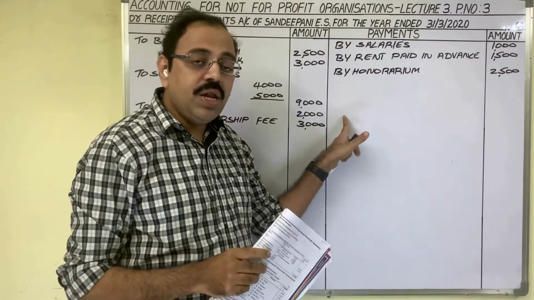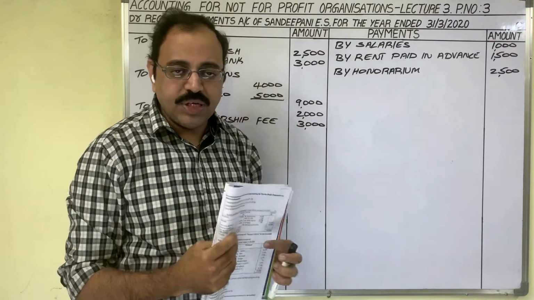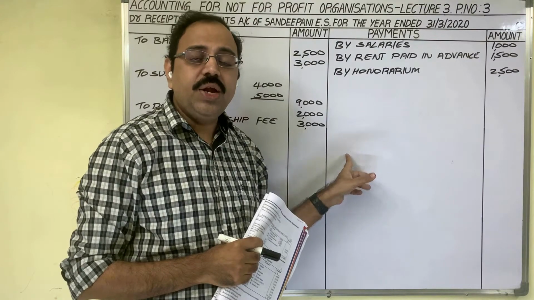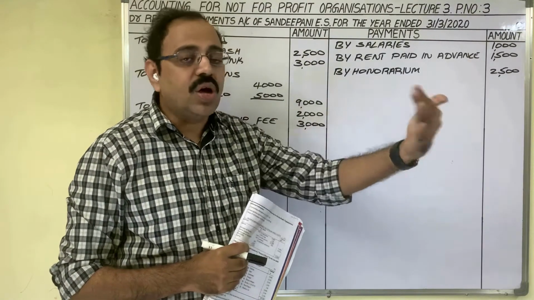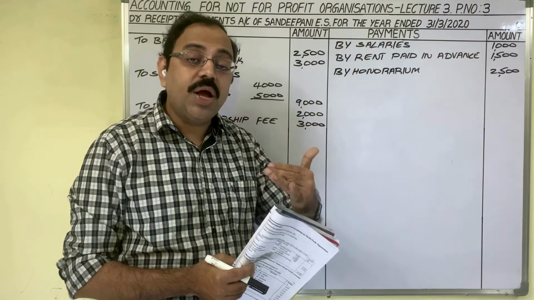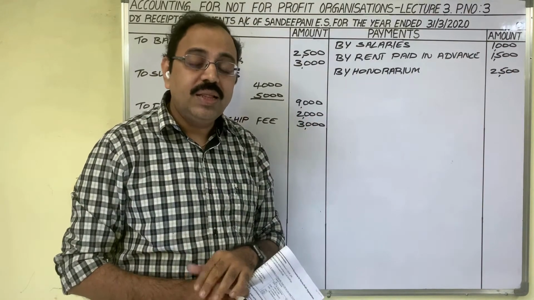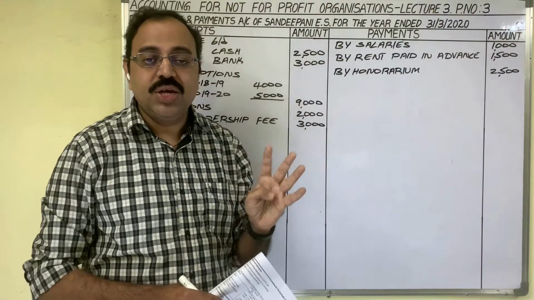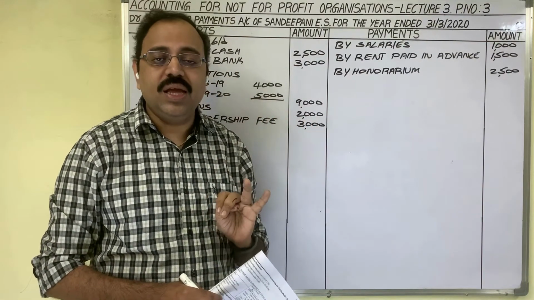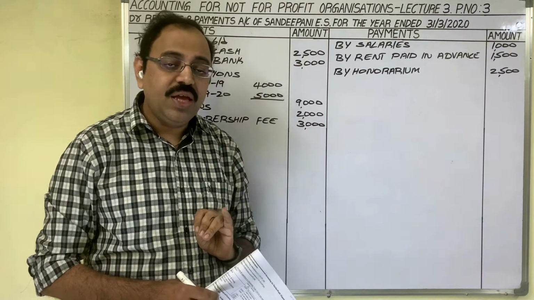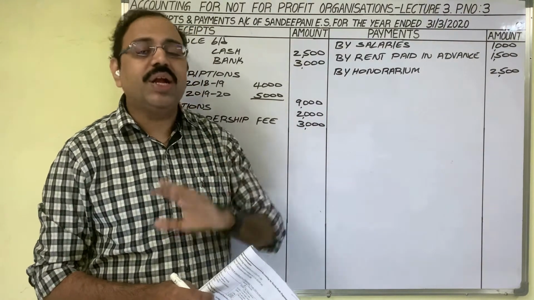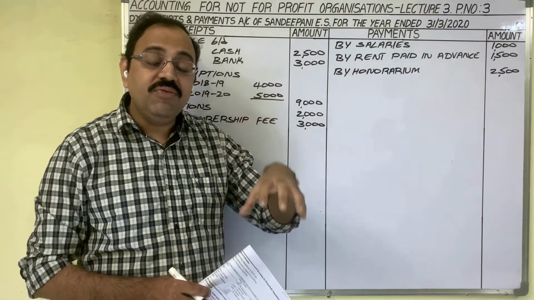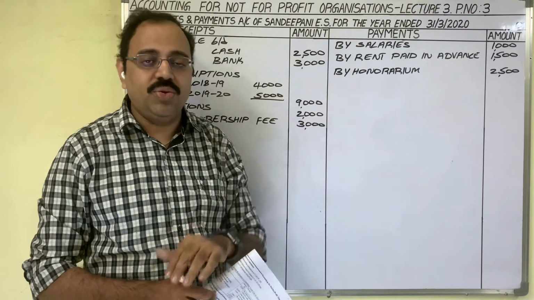Next, government securities purchased. We need regular income to meet our day-to-day expenses. This is a not-for-profit organization. They don't make money by selling goods or services. Then how to get the money to meet day-to-day expenses? They depend on different income sources like subscriptions, donations, legacy, life membership fee, even interest on securities. If they have any surplus amount, they invest that amount in outside securities.